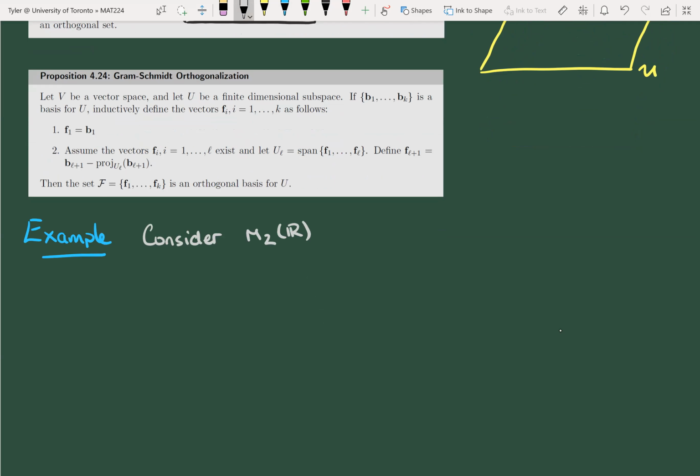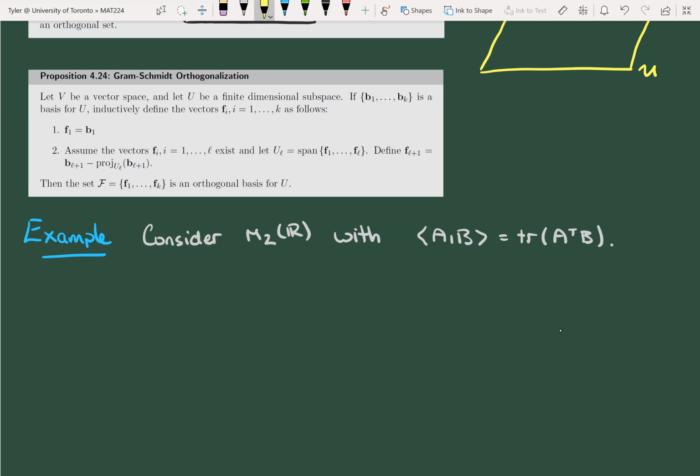All right, it's the 2x2 matrices with this inner product: the inner product of A and B is the trace of A transpose B. I gave you this inner product in the notes, and said, go ahead and check whether it is an inner product or not.